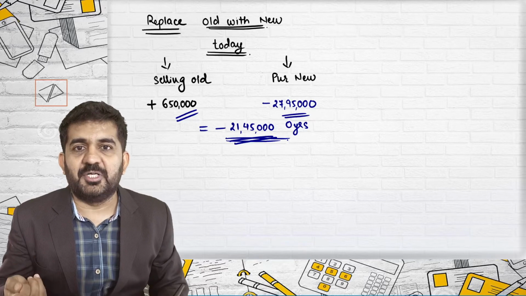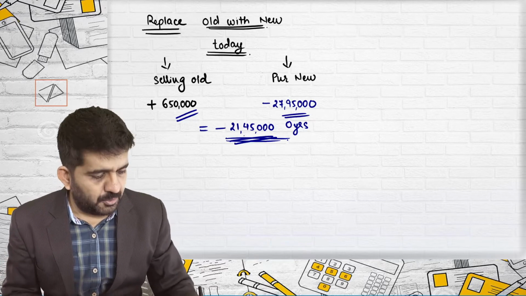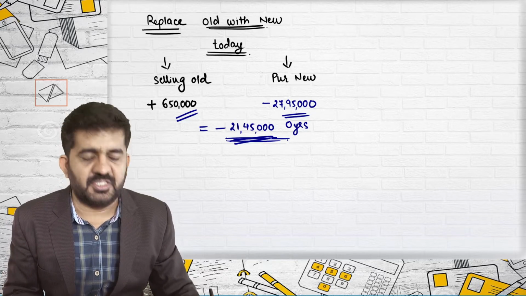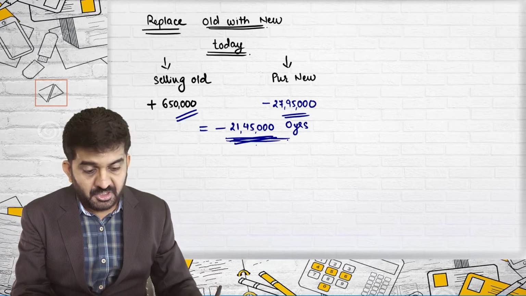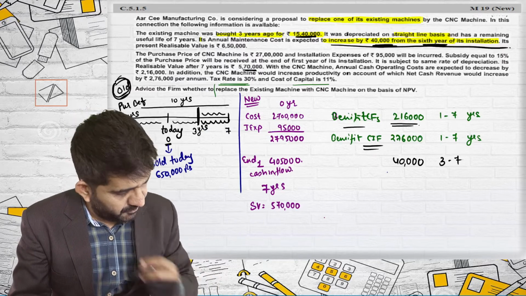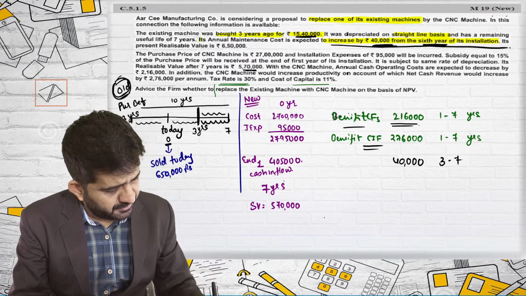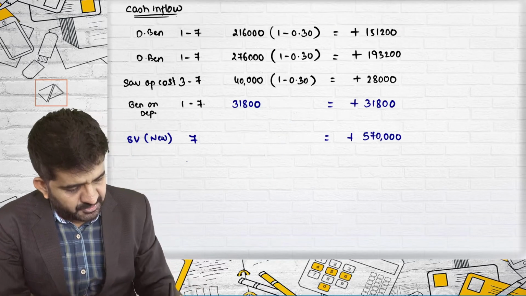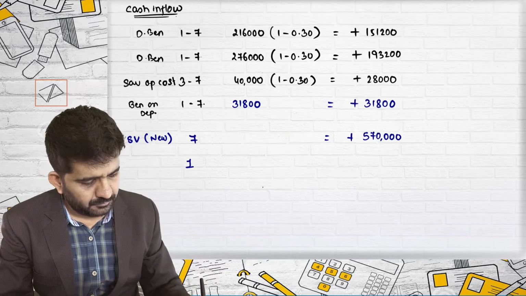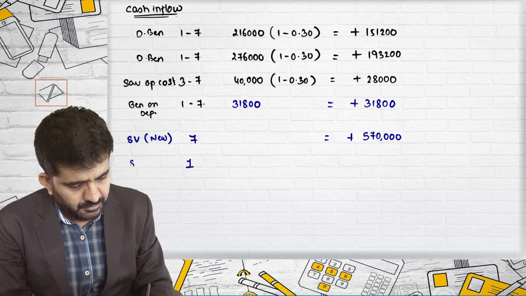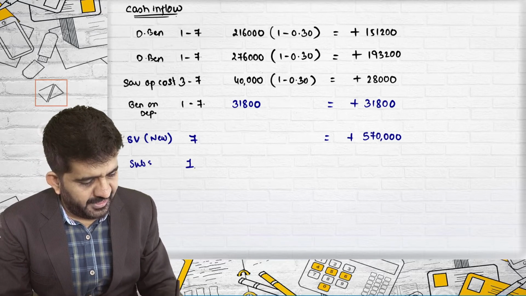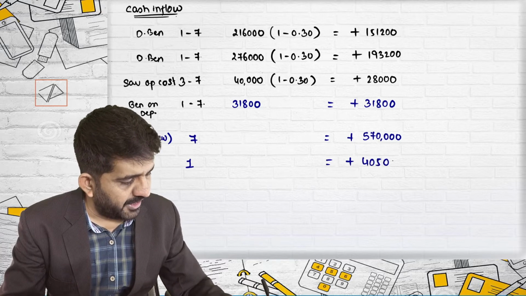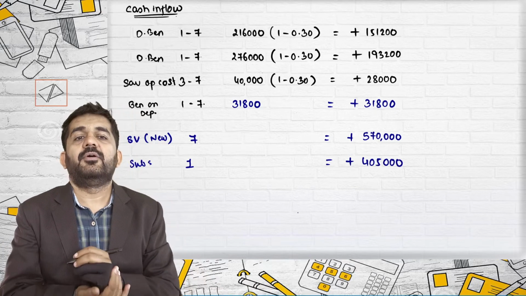So when we purchase, we will be using the 6,50,000 and net will be paying only 21,45,000. So for cash outflow, I will be considering 21,45,000. Sir, the subsidy that we have not considered, we need to consider it. Subsidy is 4,05,000, but it will be only at the end of the first year. It is again a benefit or cash inflow of 4,05,000.